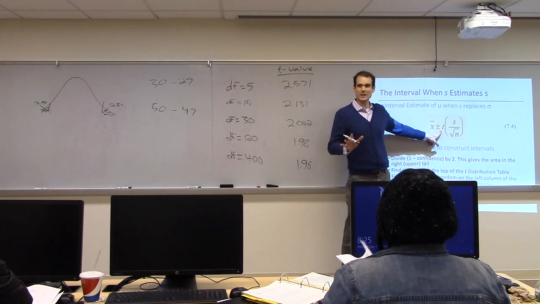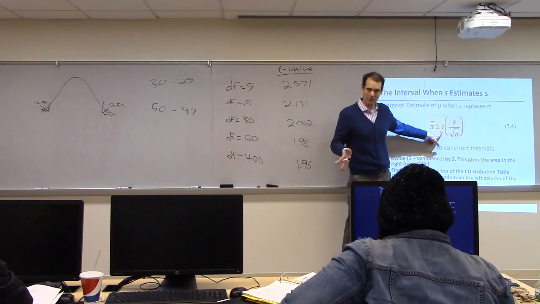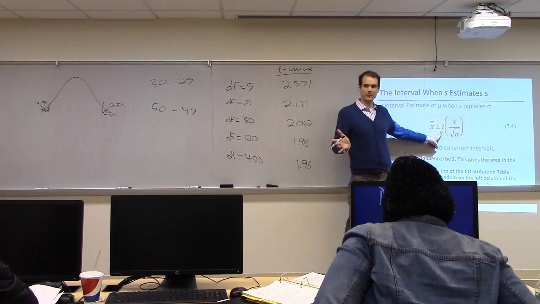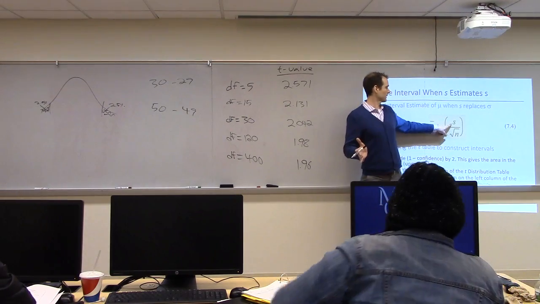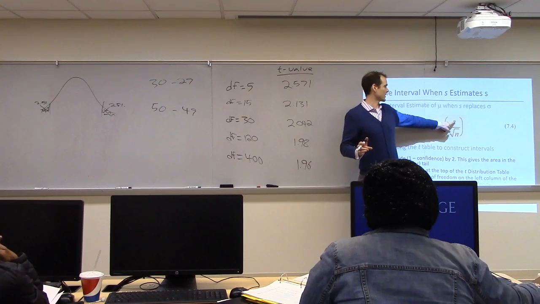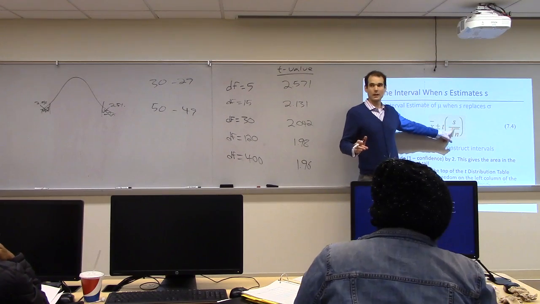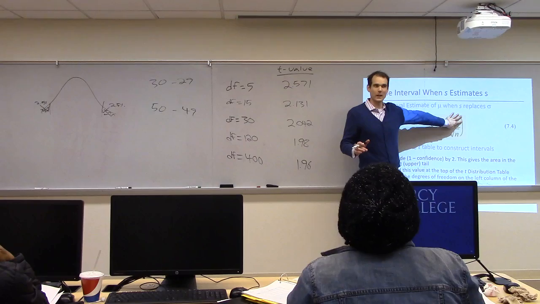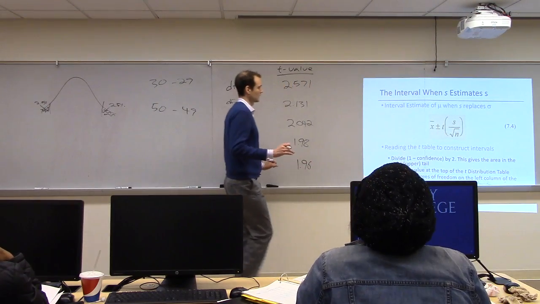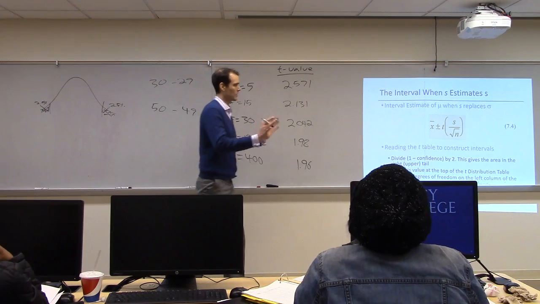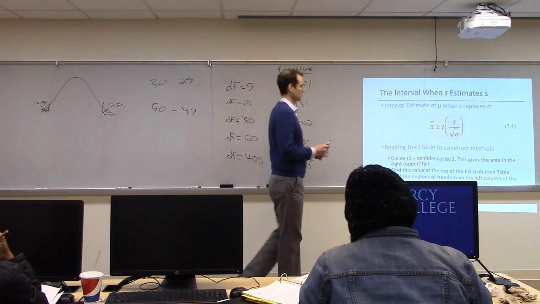Instead of using the z-table, we'll use the t-table to account for the lack of precision. And this standard error term is now going to include our sample standard deviation instead of the population standard deviation. Everything else works the same way.